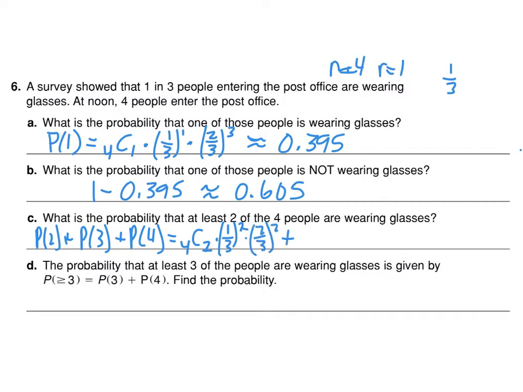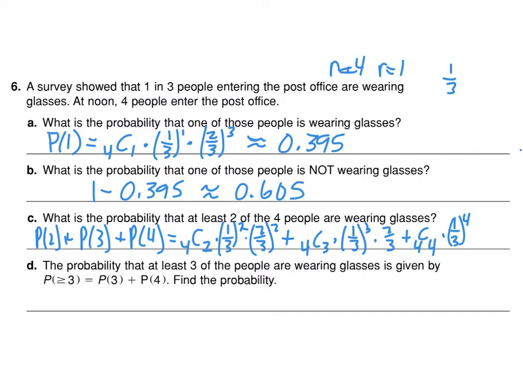Then for P3, it's 4C3 times 1/3 cubed, and 2/3 to the first power, which is just 2/3. And then the last one is 4C4 times 1/3 to the 4th, times 2/3 to the 0, which is just 1, so I'm not even going to write that one in.